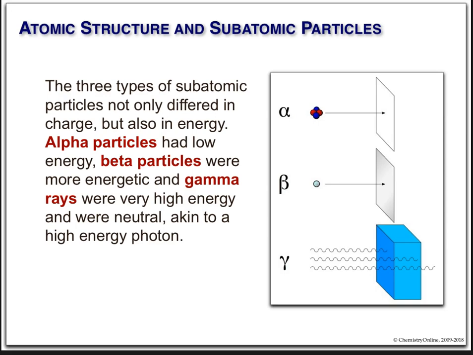Very high energy. Turns out the most toxic of them all, believe it or not, is the alpha particle. Even though it is such low energy, if you ingest it or inhale it, it will sit there in your lungs and will very slowly deposit these alpha particles against all the cells in your lung.